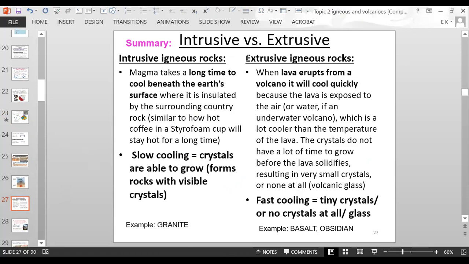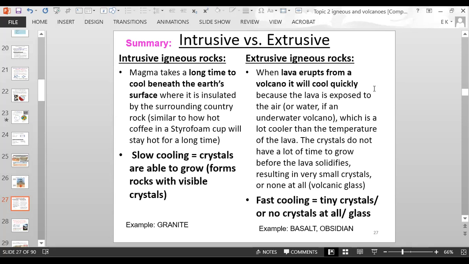In contrast, when you're talking about extrusive igneous rocks, the lava erupts at the Earth's surface and will cool quickly because at that point, the lava is exposed to air or actually water as well if we're talking about a volcano underwater.